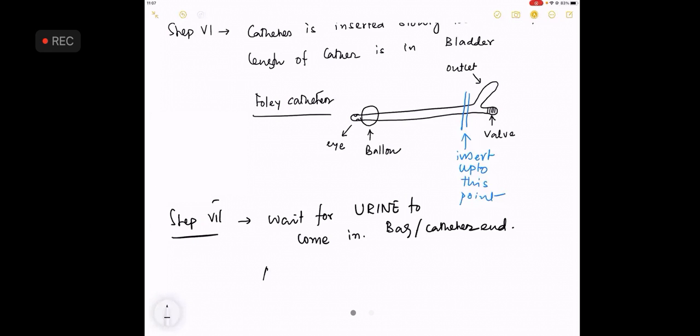Some people say attach a urine collecting bag to the catheter, and then allow the urine to come, or you can allow the urine to come and then attach a bag. Whatever suits you. Some people do any of these.